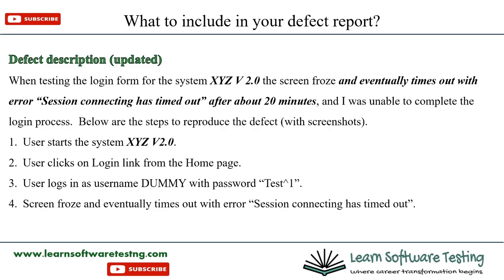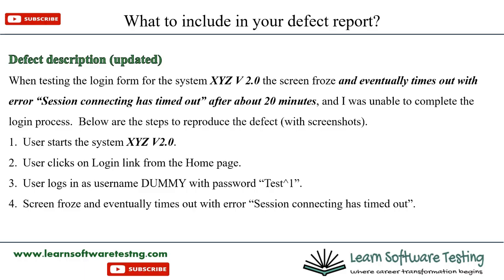Below are the steps to reproduce the defect with screenshots, because it needs to be reproducible. Just describing the issue is not enough because they need to be able to follow your steps to reproduce the issue. So step 1, user starts the system XYZ version 2.0. Step 2, user clicks on the login link from the home page.